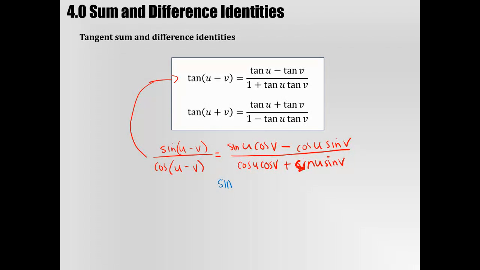I'm going to factor out cosine in the numerator, like cosine of mu, cosine of nu. And then in the denominator, I'm going to factor out the same thing.